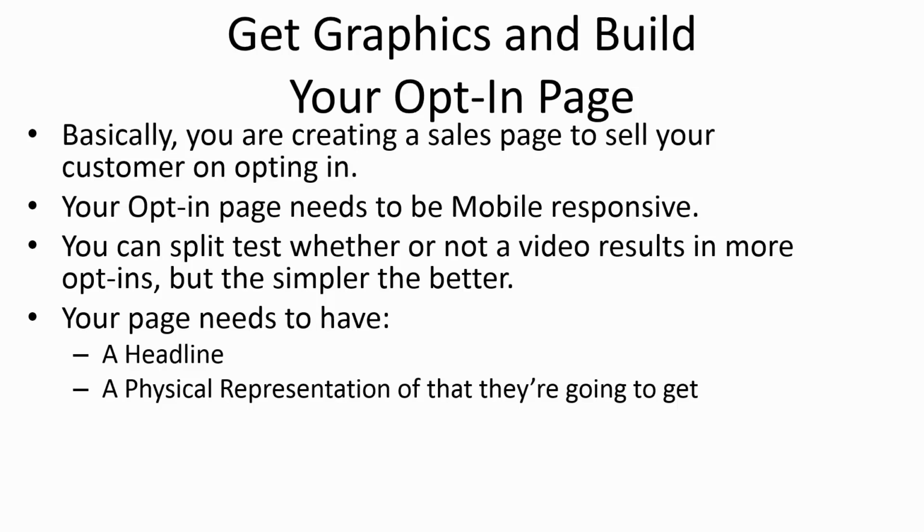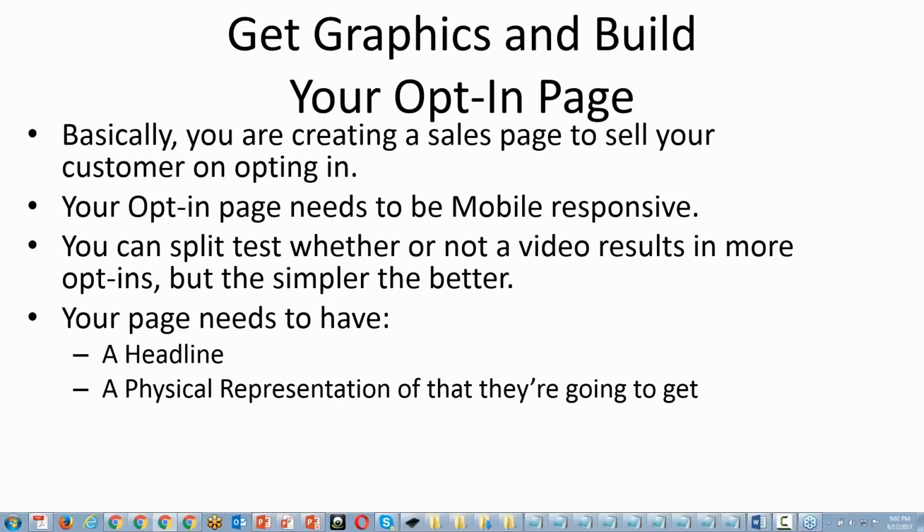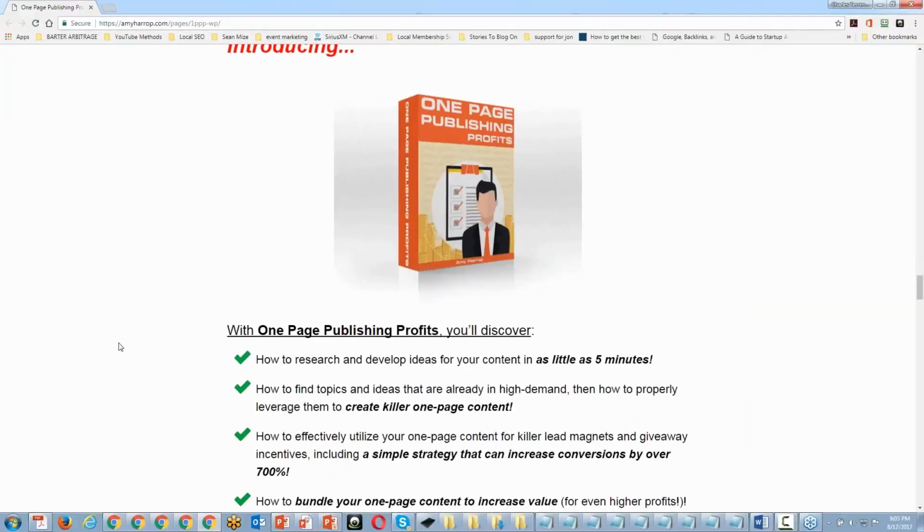Let me show you what I mean here. I'm just going to go to Warrior Plus and pick an offer. What you're going to notice here is that there's only one, but it is something. One Page Publishing Profits.